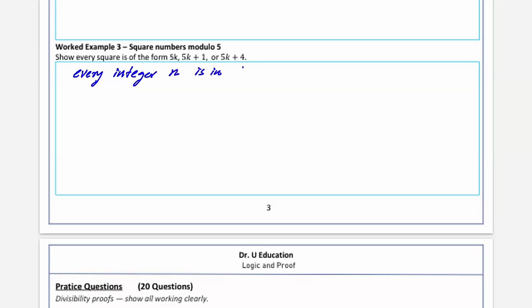It is in the form of, we'll change the variables, 5m, 5m plus 1, 5m plus 2, something like that. So every square, okay, so it's going to be (5m) squared. (5m) squared is going to be 5 times 5m squared.